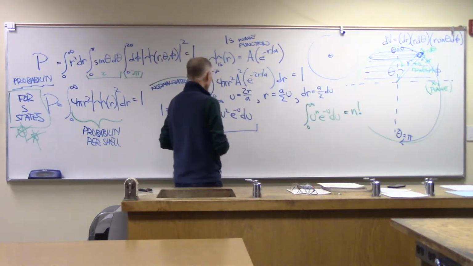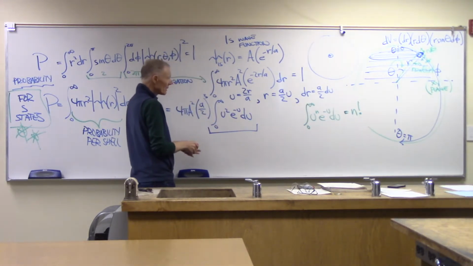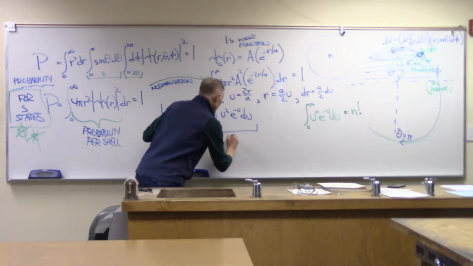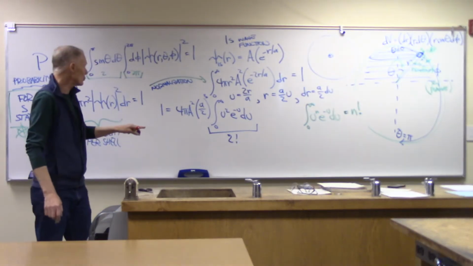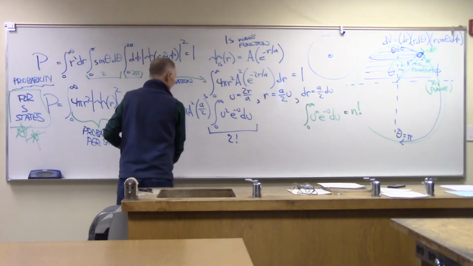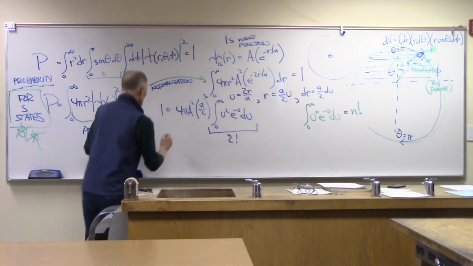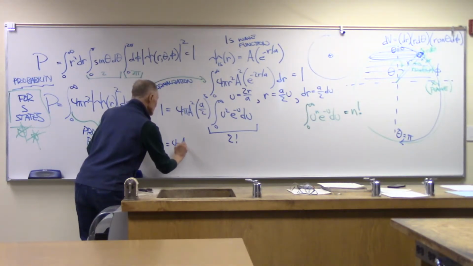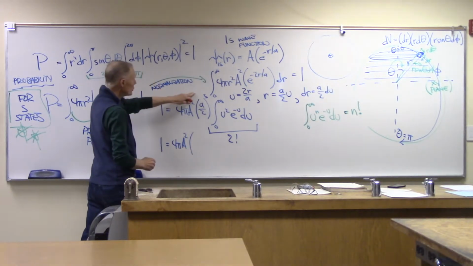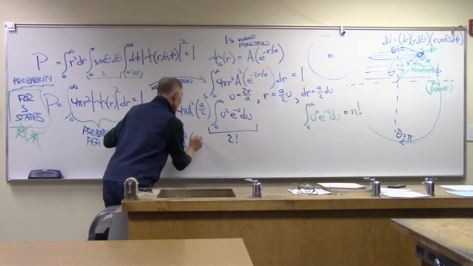Anyway, so what we're going to do is we're going to take all of this and say, hey, you know what that is? That's 2 factorial. So if that's 2 factorial, well, that's going to be easy enough to handle here. What that gives me is 1 is equal to 4 pi a squared. Cubing, a over 2 is going to give me a cubed divided by 8.